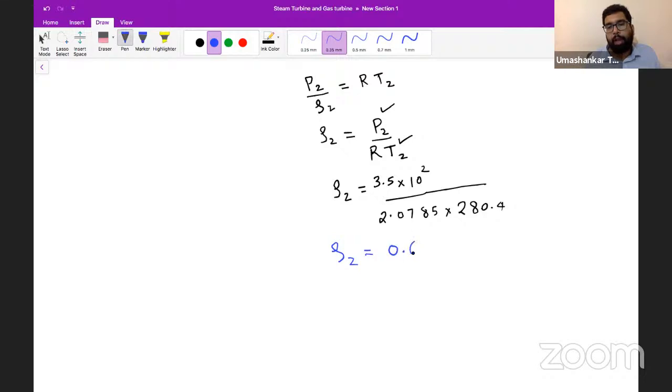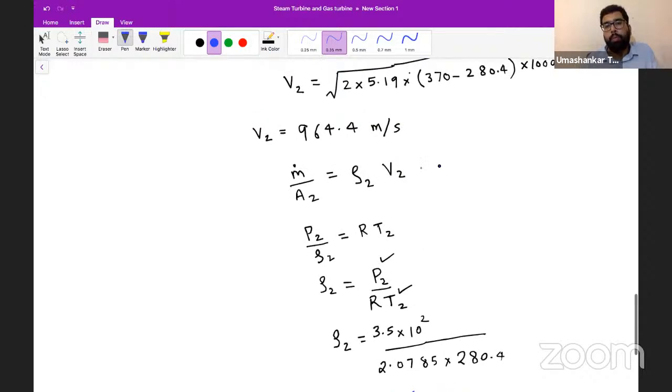As I am just writing the values you are telling me. Kg per meter cube, 0.6 kg per meter cube. You can put this in this formula. We now have the value of rho2 and the value of V2 as well.